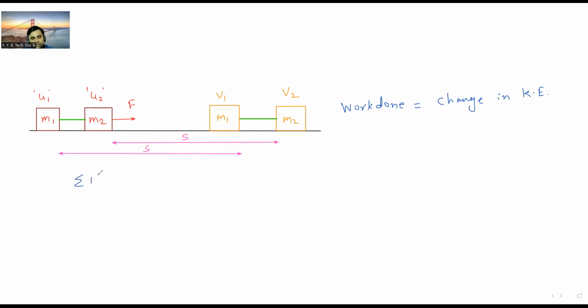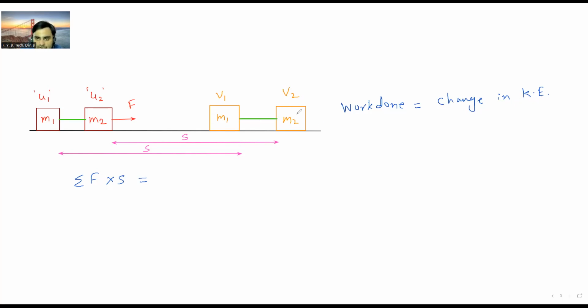It is summation F into S, force into displacement. In summation F, we will take into consideration all the forces which cause the displacement, and the displacement S, whatever it is. So this is the work done, which is equal to the change in kinetic energy.